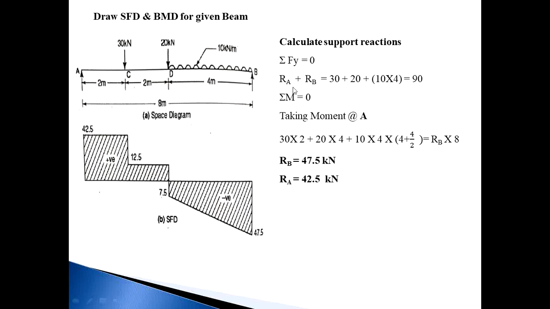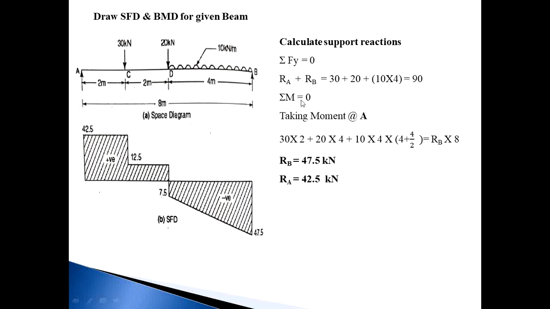So RA plus RB is equal to the downward forces: 30 kN, 20 kN, and the UDL, that is 10 into 4, 40. Plus 20 plus 30, so the total downward load is equal to 90 kilonewton.